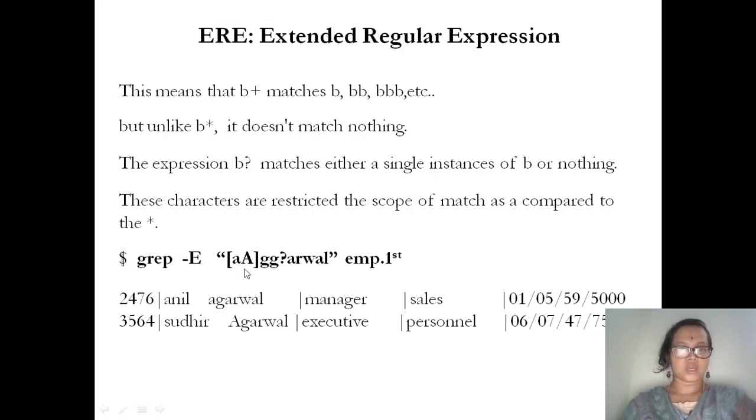So A, G, G, A, R, W, A, L. It shows that you can have one or nothing. For that reason you can see whether it is a small letter or a big letter, the option has been given. Whether it is 1 G or double G, it can be, and AR is a common part. So this is what it can be.